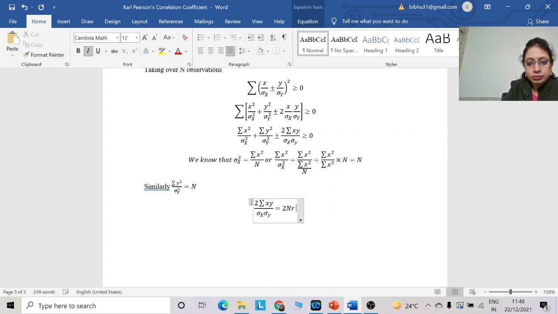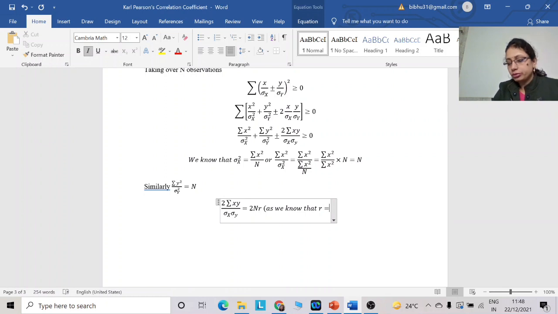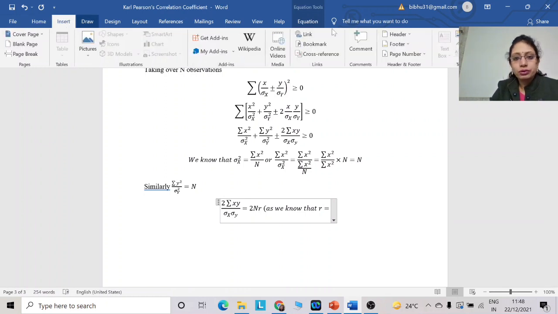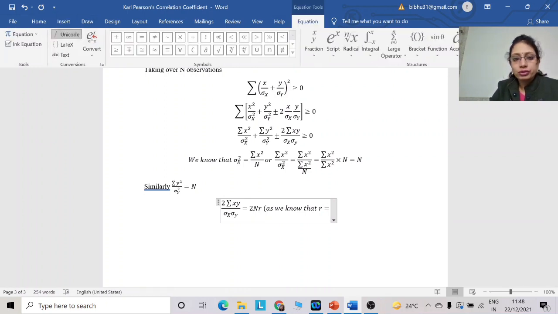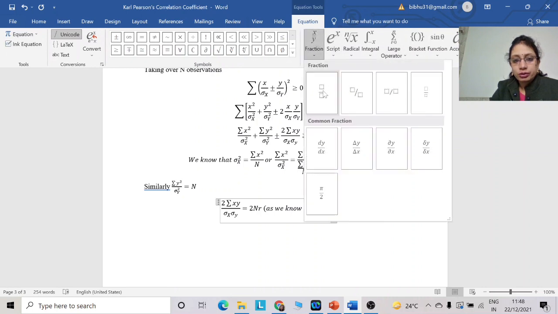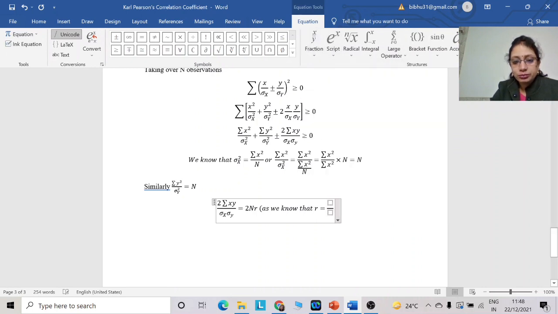Because as we know that r is equal to the first formula of correlation coefficient, summation xy by n standard deviation of x, standard deviation of y.